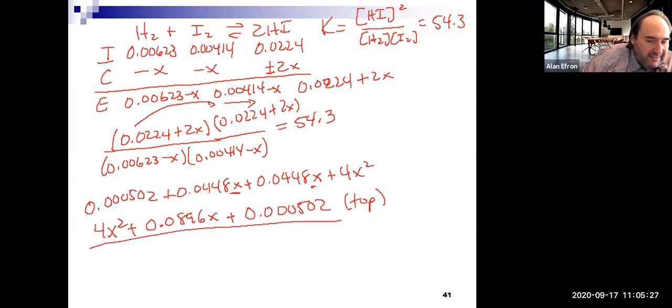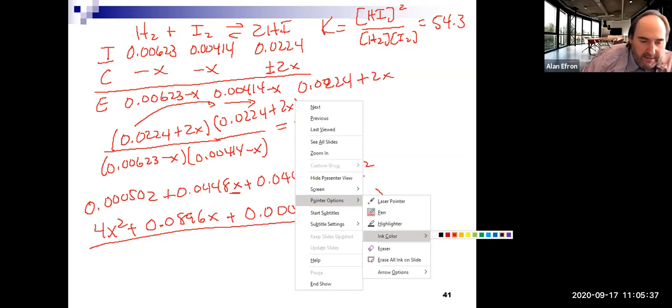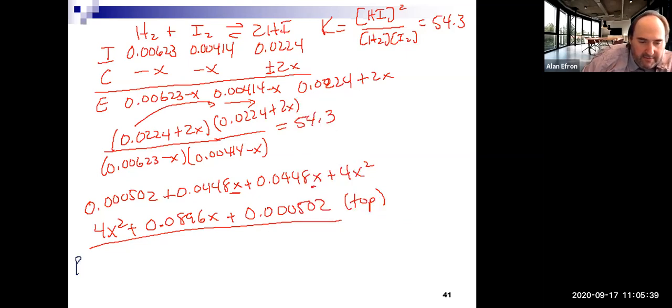We're now going to do the same thing here for the bottom. So let me factor out the bottom the same way. And I'll slap a different color there. So I'm just going to do the bottom part now. So again, I'm going to multiply everybody across and kind of combine. So that's going to give me 0.00623 times 0.00414. I didn't lose anything along the way.